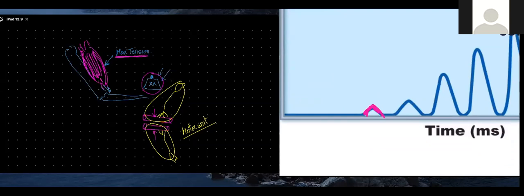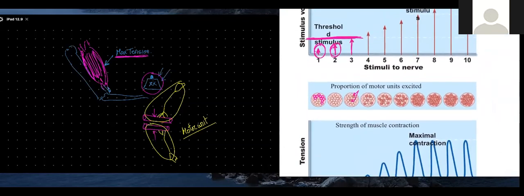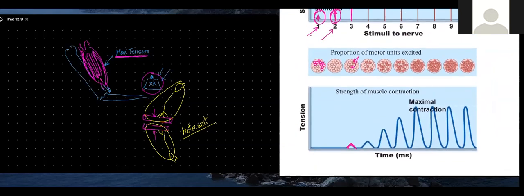Make sense? So if I get a stimulus weaker than threshold, would I have any kind of contraction in my muscle? No muscle contraction results from a stimulus lower than threshold stimulus.